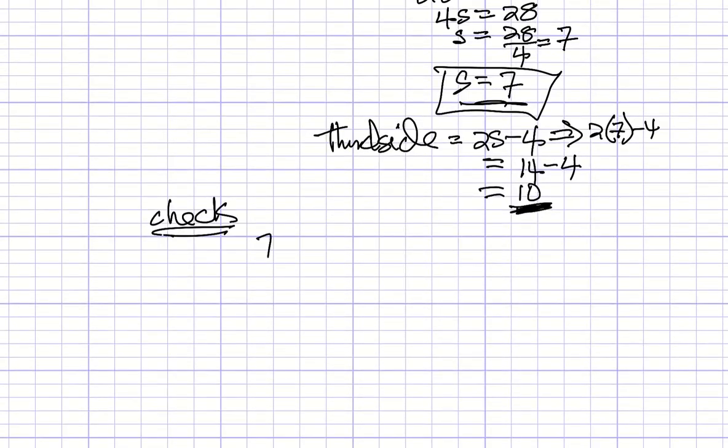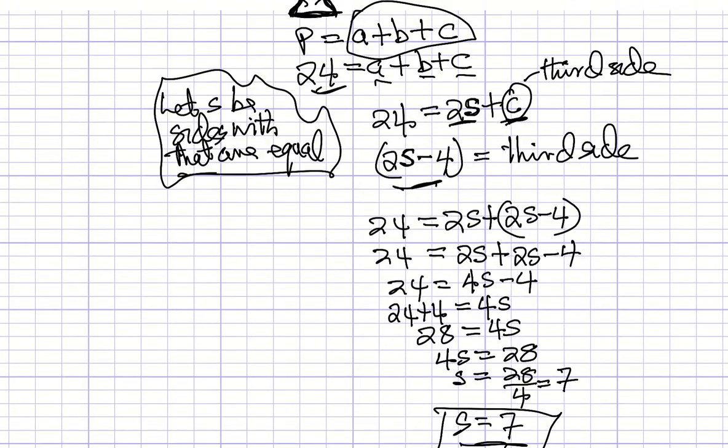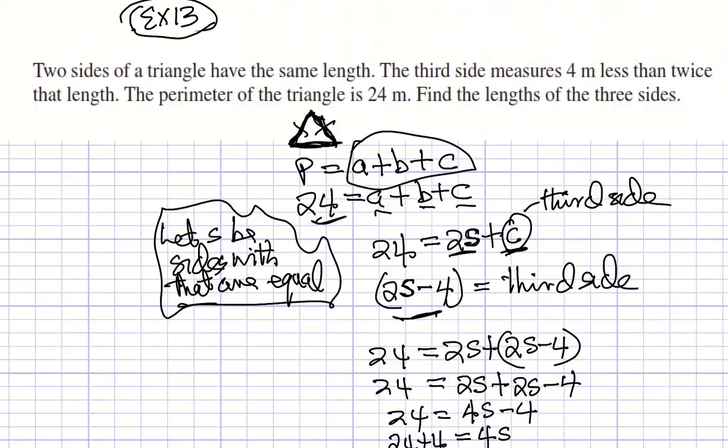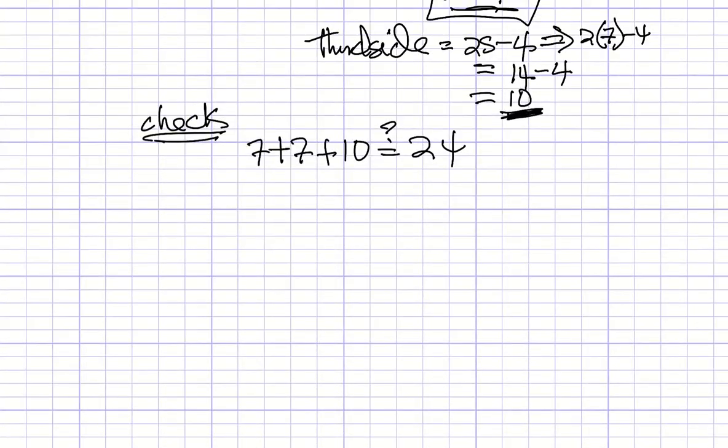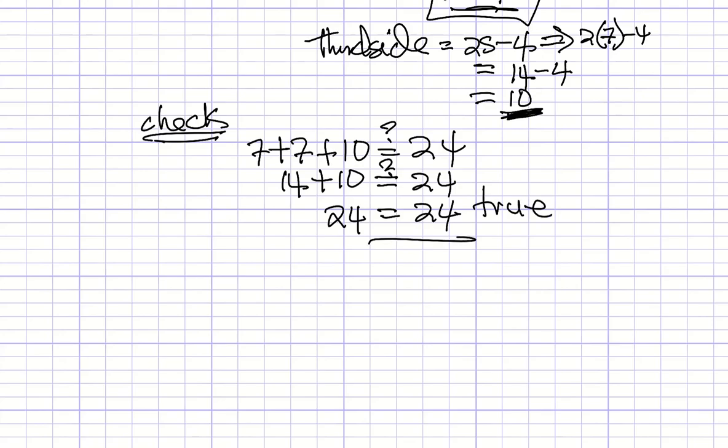So 7 plus 7, they're equal, remember, plus 10, the third side. That's 14 plus 10, is that equal to 24? Yes, 24 equals 24, and we are basically done.